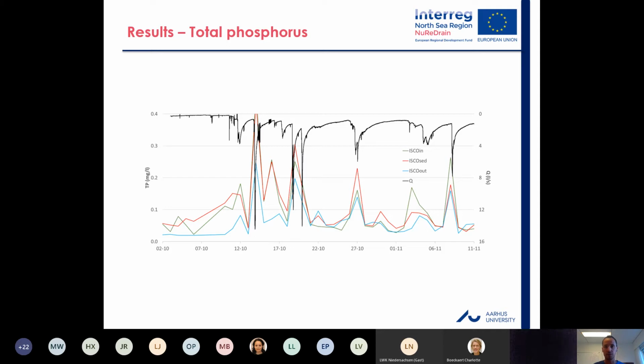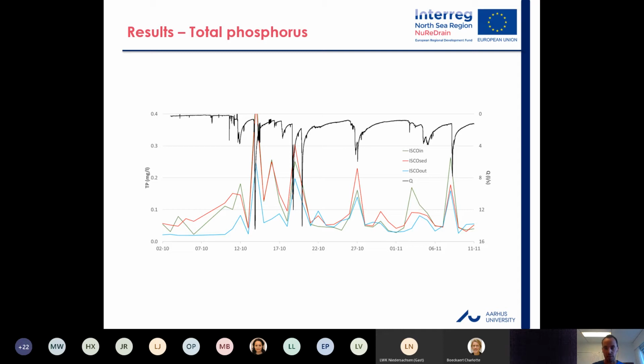If we want to see the response of the sediment filter, we need to look at the results from ISCO in and ISCO set, so the green and the red line. We can see that the red line is often above the green line.